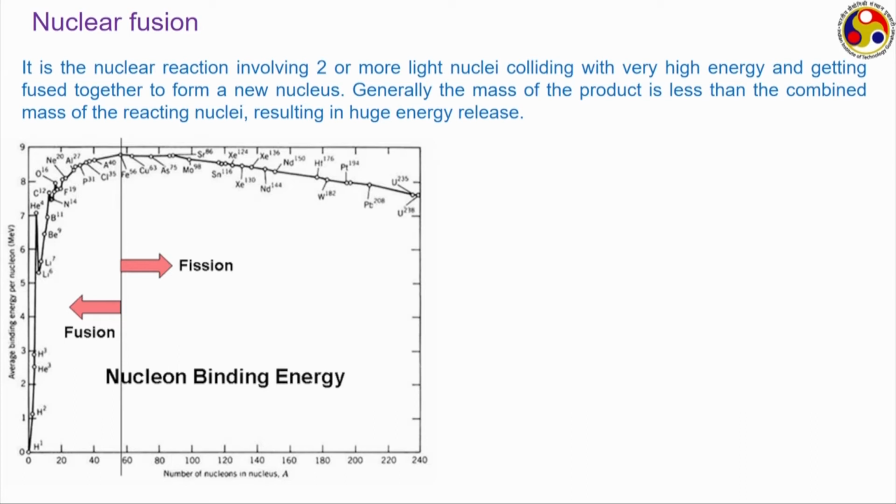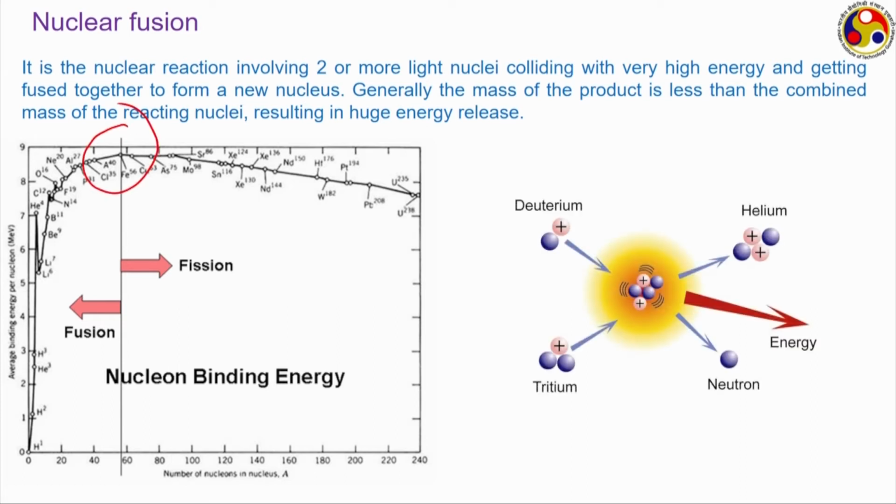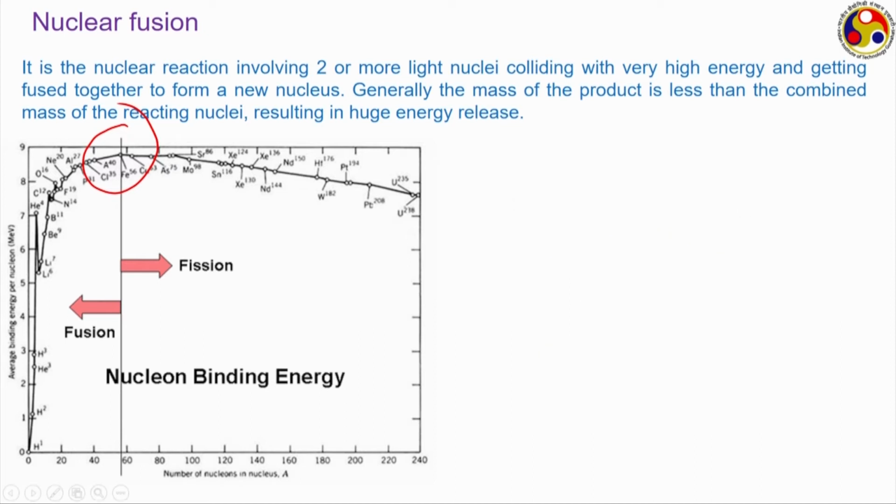Based upon the binding energy per nucleon, we get a criterion that when the mass number of a nucleus is greater than something like 60, it participates in fission, whereas when it is smaller, it participates in fusion, because the higher the binding energy per nucleon, the more stable is the nucleus, and the largest value of binding energy per nucleon is obtained in this particular range of mass number, which corresponds to iron or nickel or cobalt, those groups of elements which have a mass number around 60.